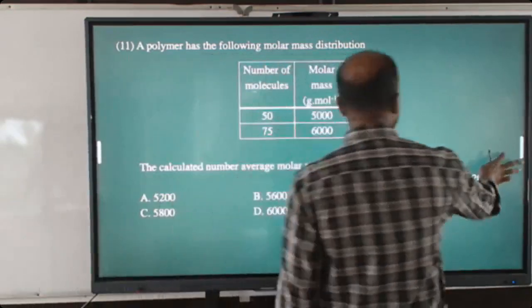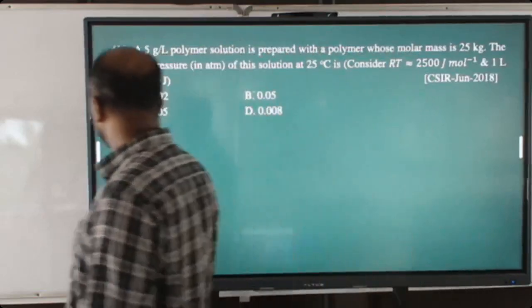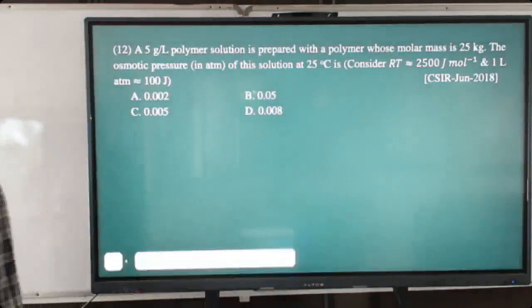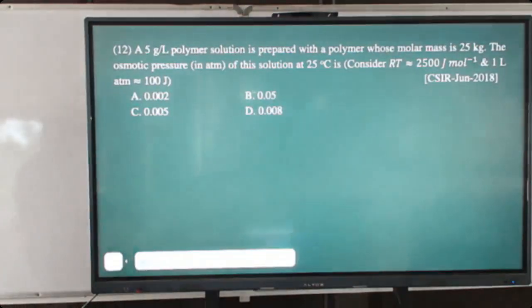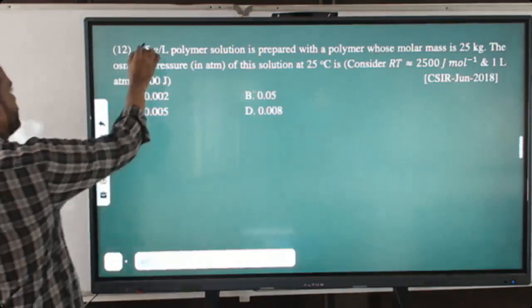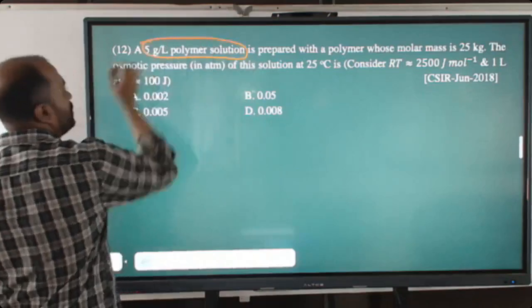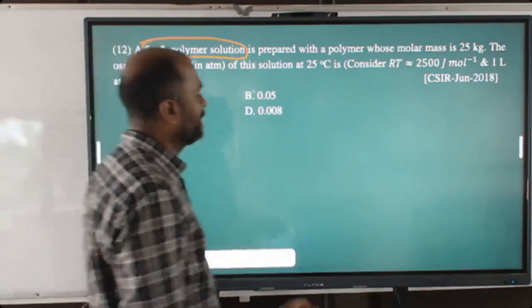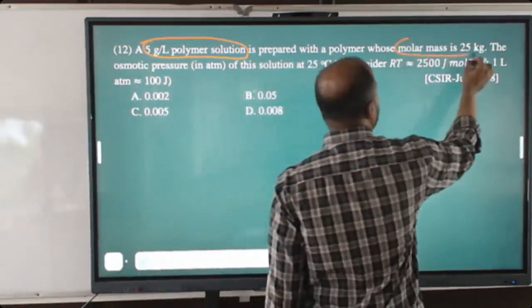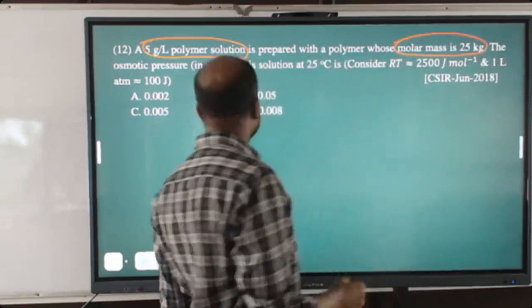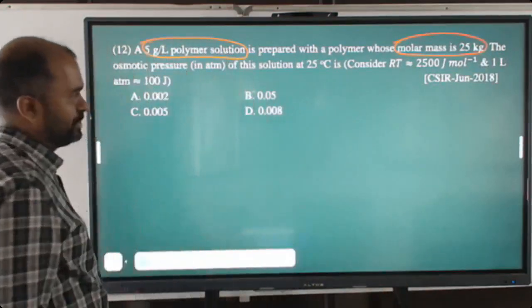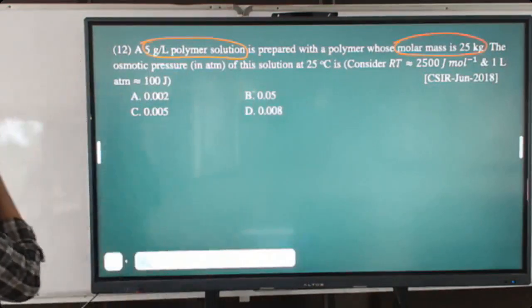Question number 12. A 5 gram per liter polymer solution is prepared with a polymer whose molar mass is 25 kilogram. The osmotic pressure of the solution is. Let's find the osmotic pressure of the solution.